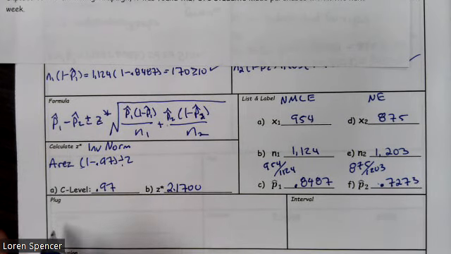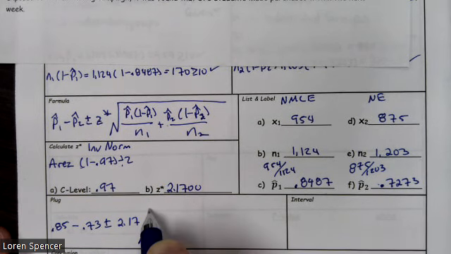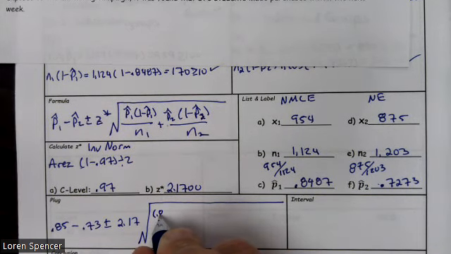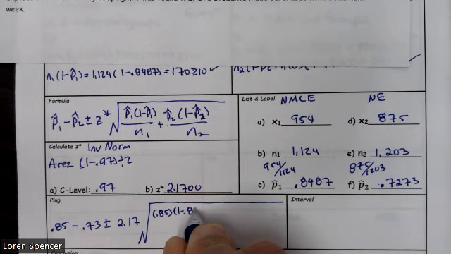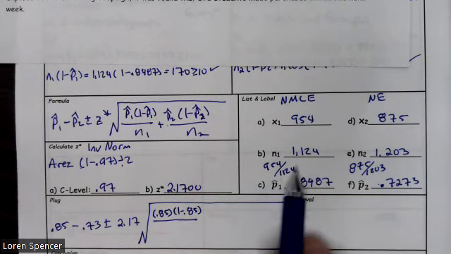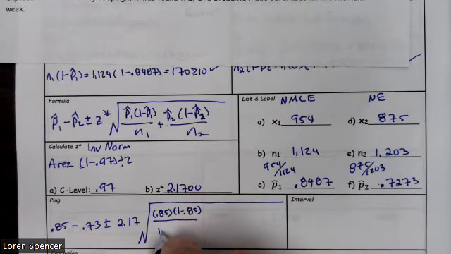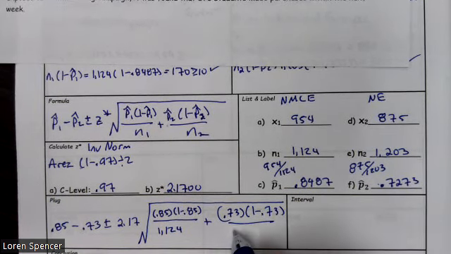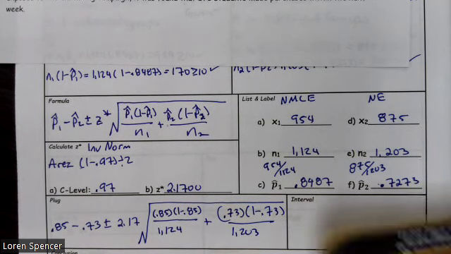So this is 0.85 minus 0.73 plus or minus z star, 2.17, times the square root of 0.85 times (1 minus 0.85) over n1, which happens to be 1124, plus 0.73 times (1 minus 0.73) over 1,203.